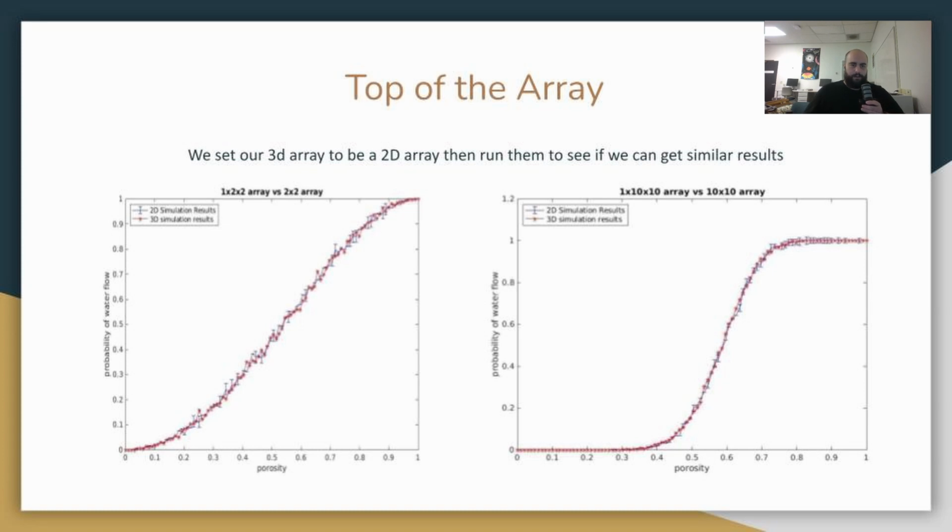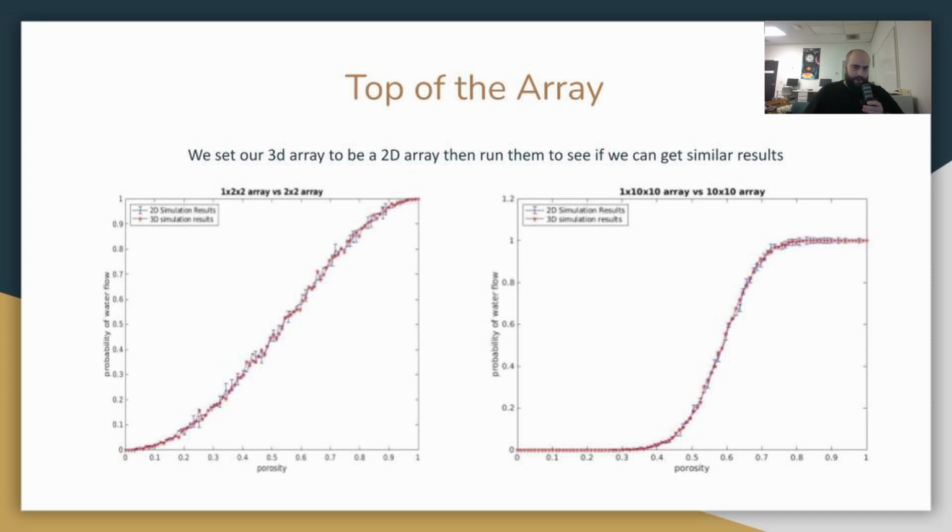Here in red, you can see the 3D actual numbers being plotted up against the 2D simulation numbers. And you can see that this is pretty much a dead-on comparison right here.